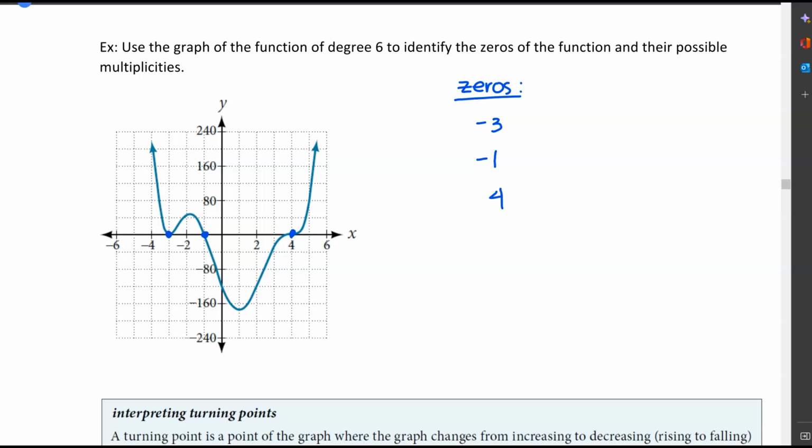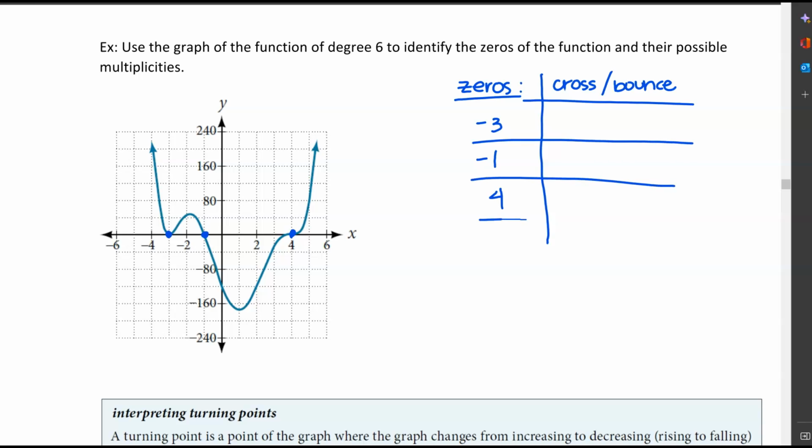Now let's ask ourselves, are we crossing or are we bouncing? At -3, we bounced. At -1, we crossed.